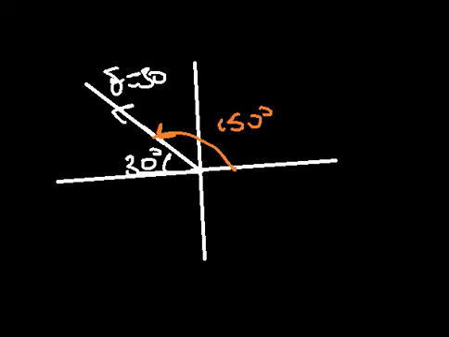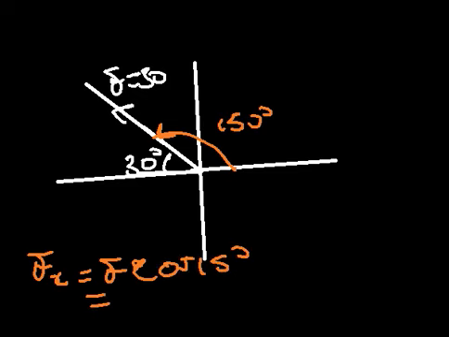According to this technique, along x we always have cos, along y we always have sine. So Fx will be given as, instead of 30, we use 150: F cos 150. Punching that on the calculator, it would be negative: 30 times cos of 150 degrees is negative 26 newtons, as it was before.